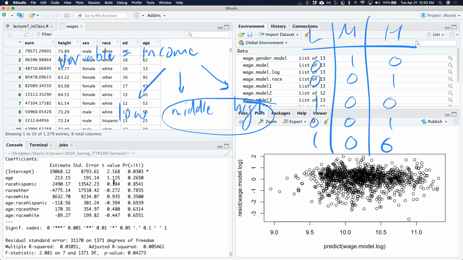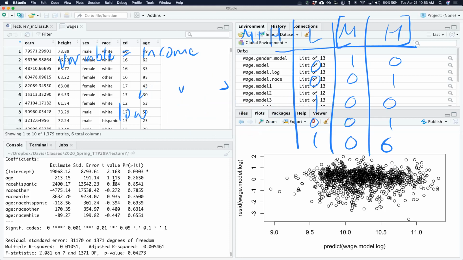If I were to leave both the middle and the high out, you are effectively creating a different variable that is a combination of middle and high. Even if this isn't what you're intending, if you leave out 2 variables and put in just 1, you're effectively creating something like this.